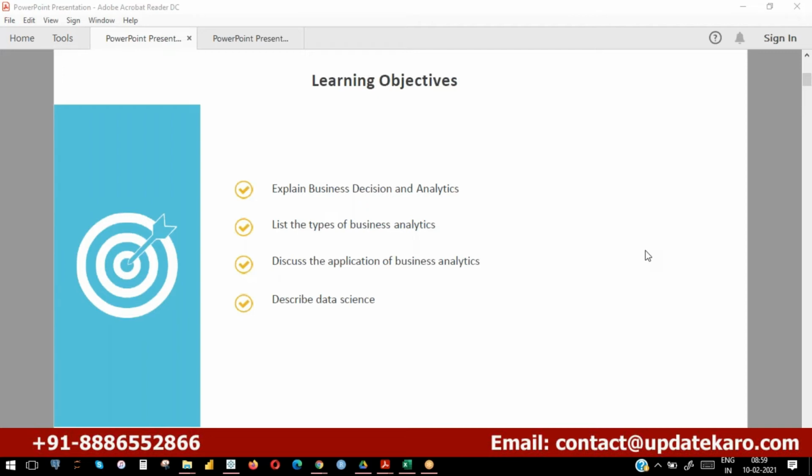Okay, so we have two terms over here. One is business, second one is analytics. The English meaning of analytics says that we are going to analyze the data and form some results or visualizations out of it. We are going to get some tables or visualizations as the result. And this analysis, whatever we are doing, is related to business, right?